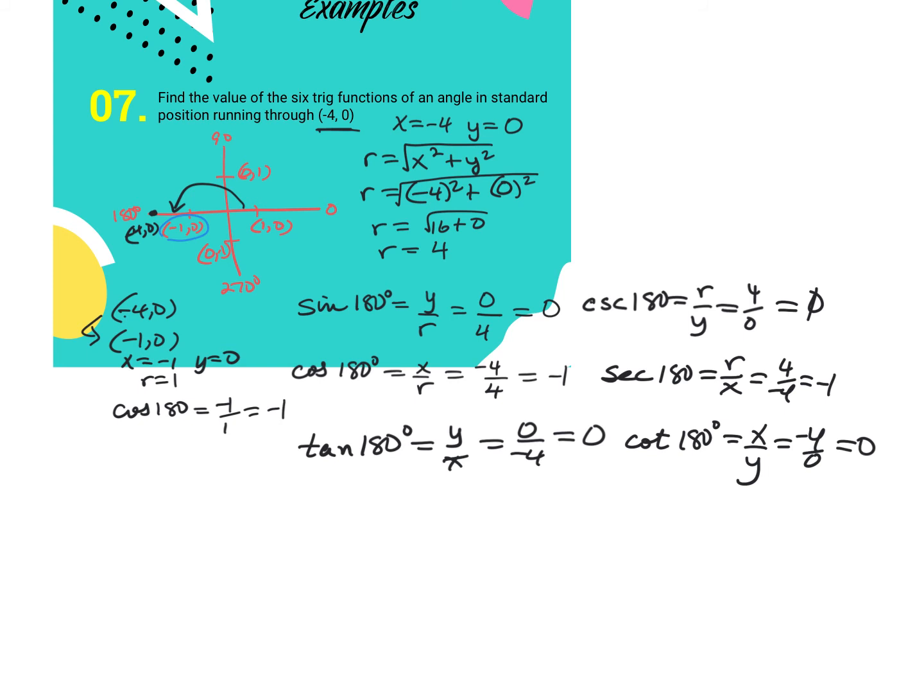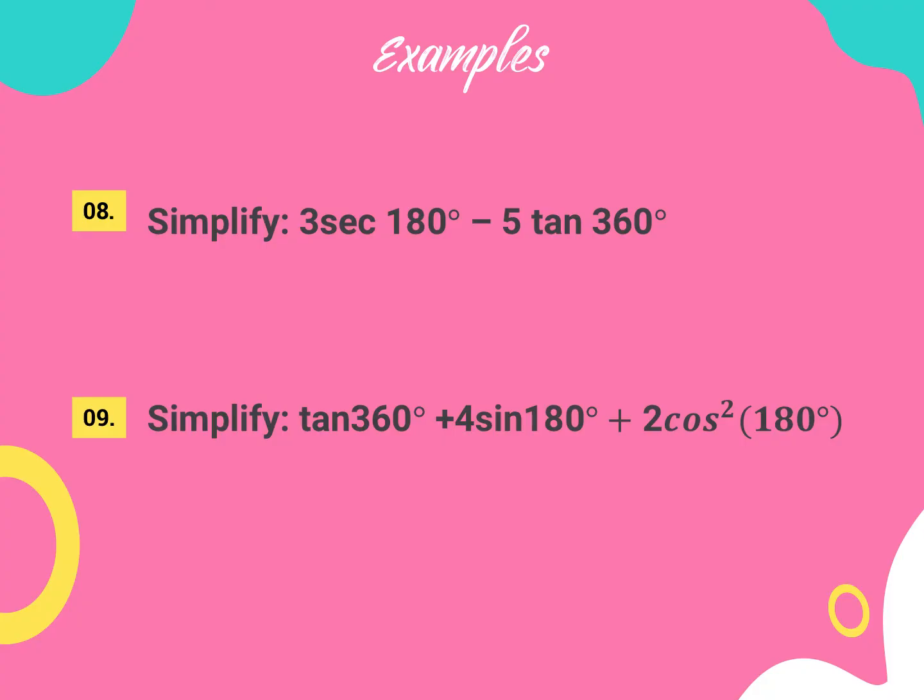Now, for the last part, what we need to do is figure out the values of these in order to solve these things or to simplify. So let me show you what the next one is. It wants me to simplify 3 times the secant of 180 and -5 times the tangent of 360.